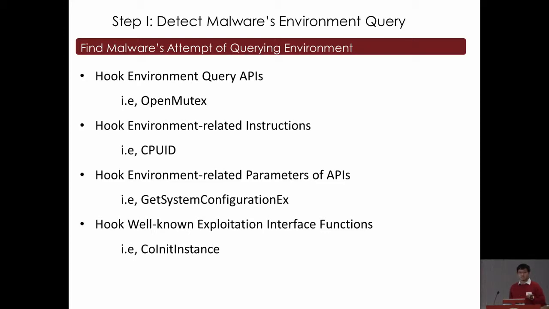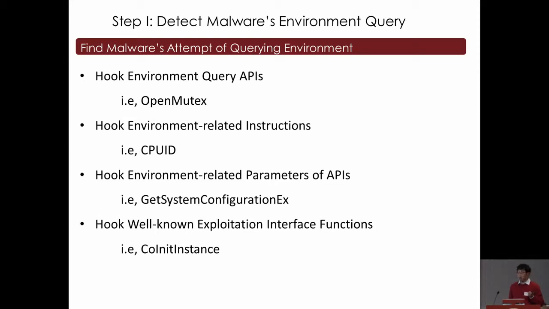All these things can be used by the malware to detect its running environment. So what we do is hook all these kinds of instructions, system calls, and library calls, and then we can capture the time that the malware wants to query the environment.